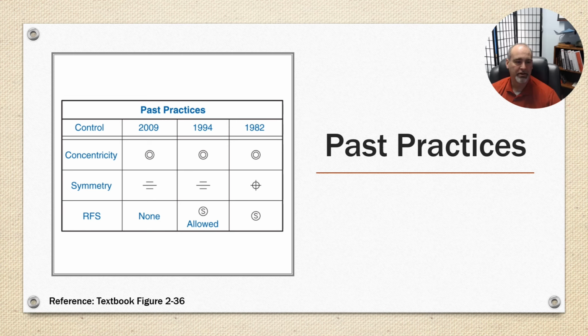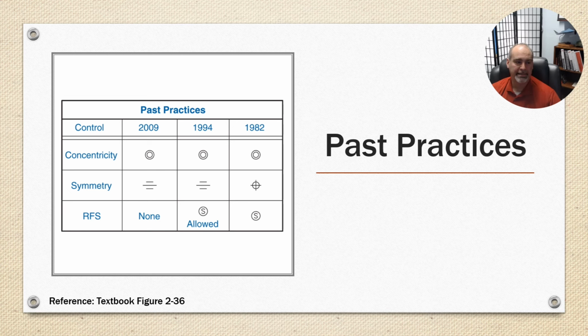You used to have a concentricity and symmetry symbols, which they got rid of in 2018. Concentricity was very commonly used. It has been removed because you can do similar controls using the position geometric control and circular runout.